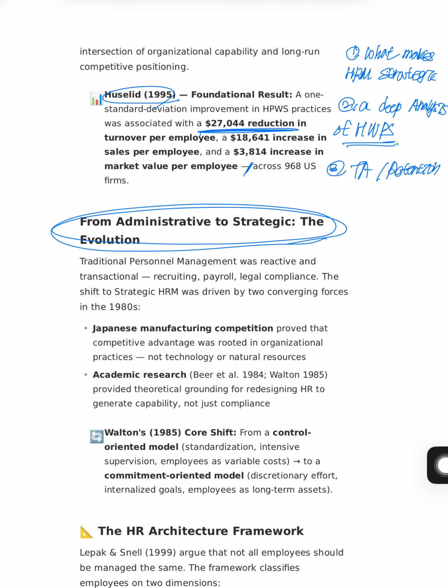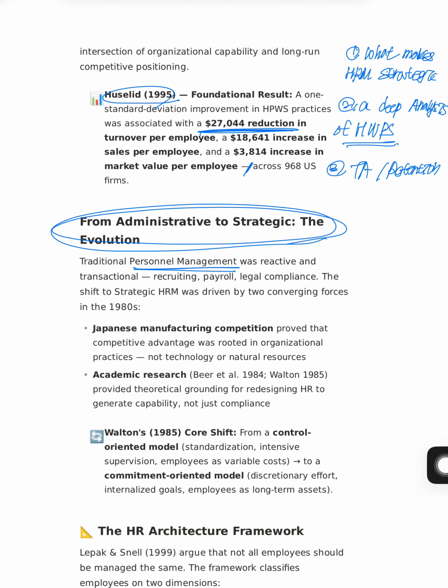Traditional human resource management, often called personnel management, in its earlier incarnations was fundamentally an administrative and compliance function.